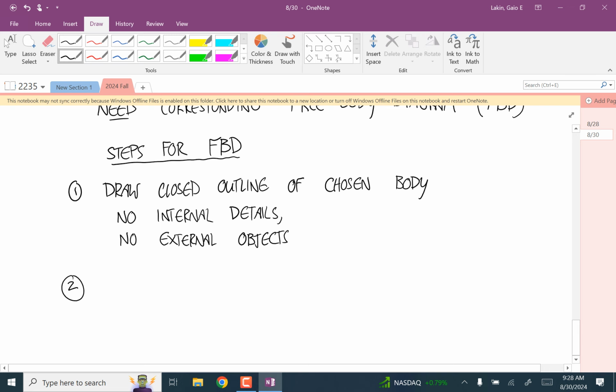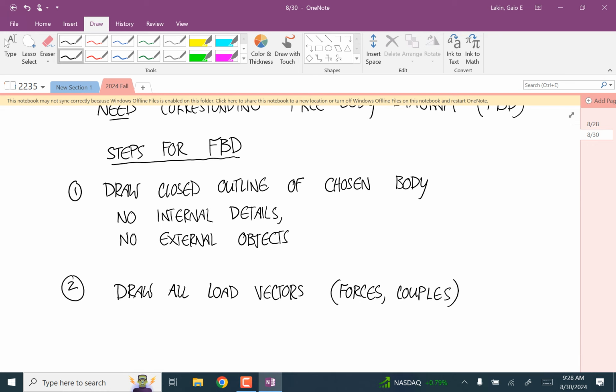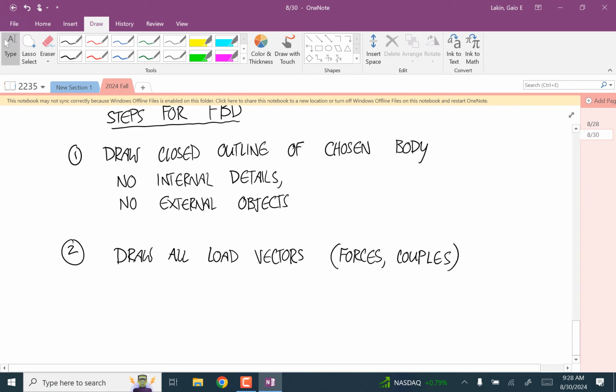And second, draw all load vectors. And by loads, I'm talking about forces, of course. I'm also talking about couples later on, so I'll go into the definition of couples when we get there. For particles, there's no such thing as moments and couples, so we don't have to worry about that yet.